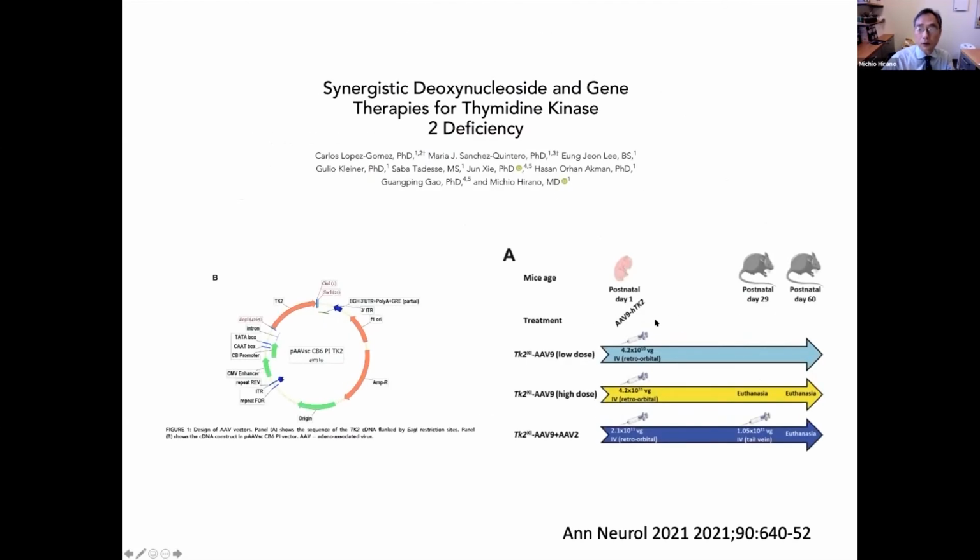So what we tried to do at this point was add a second dose of AAV2, because you can't give the same vector twice because of immune response to the first dose. So we're packaging the vector now in AAV2 as well, and administering the second dose via tail vein, so intravenous injection, day 29.